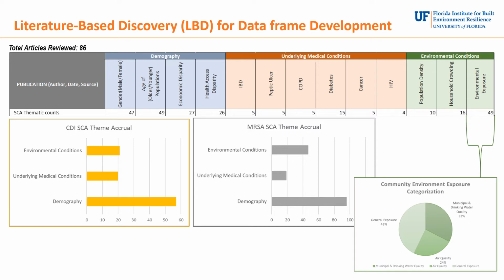These themes were then parsed into composite socio-ecological categories of demography, underlying medical conditions, and environmental conditions. Environmental conditions contain the variable of environmental exposure, which represented the parameters of municipal and drinking water quality and the incidence of MRSA or C. diff infections, air quality and the incidence of MRSA or C. diff infections, and general toxin or pollutant exposure and the incidence of MRSA or C. diff infections.